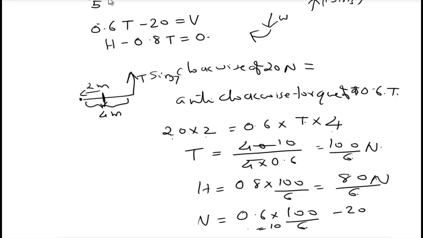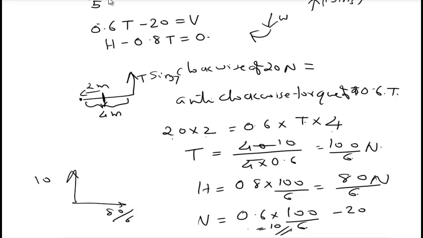Minus 10, so we get 10 Newton. Now we have the tension, horizontal force and vertical force. But they didn't ask us to find the horizontal and vertical forces, right? Here we got the horizontal force as 80 by 6 Newton and the vertical force as 10 Newton.